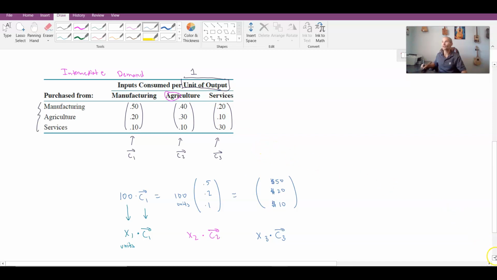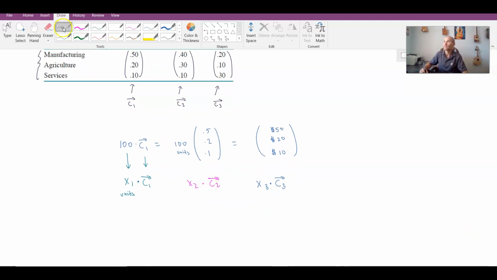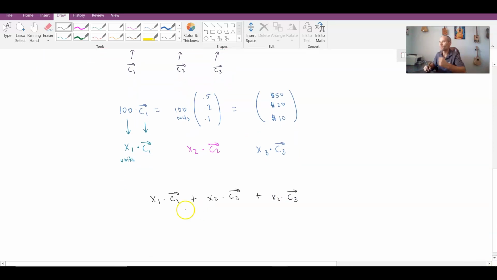Okay, now I want to know the total demand, right? So the total demand is going to be X1 times C1 plus X2 times C2 plus X3 times C3.